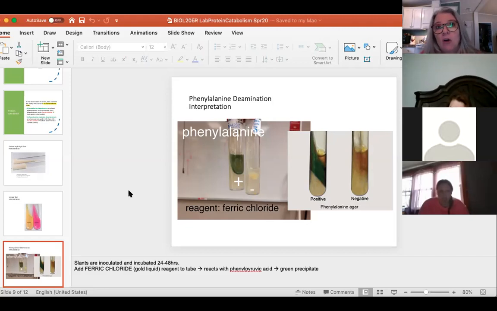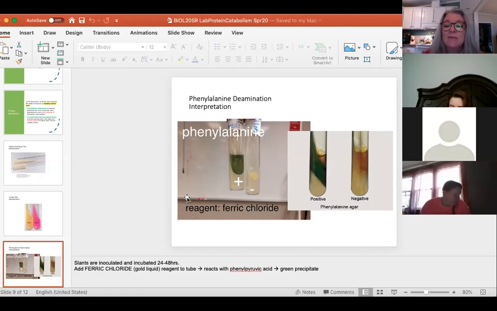And if you recall, the deamination reaction is going to produce an acid and ammonia. So we spread our bacteria onto the slant. We incubate it for 24 to 48 hours. Again, we're going to give the microbes a little extra time to do the metabolic reaction.